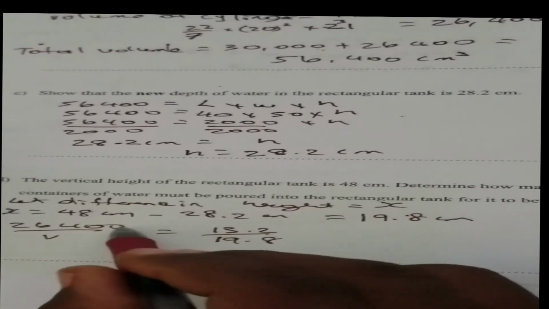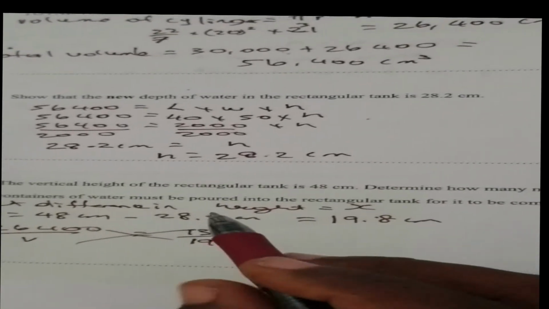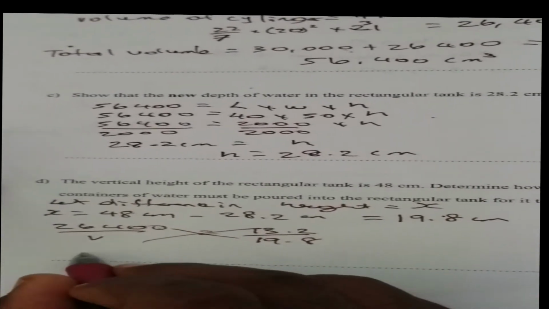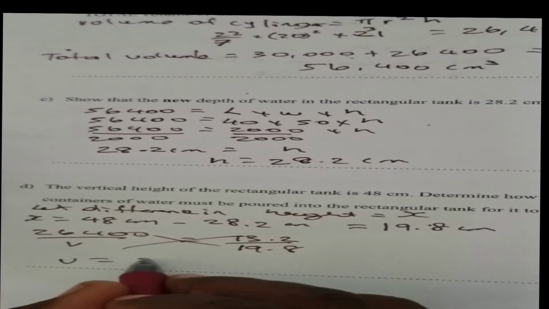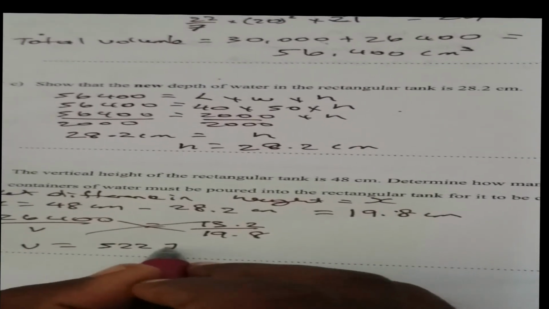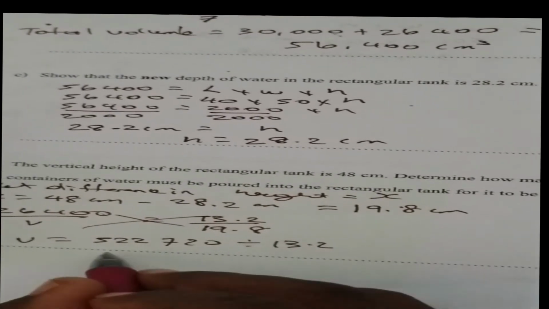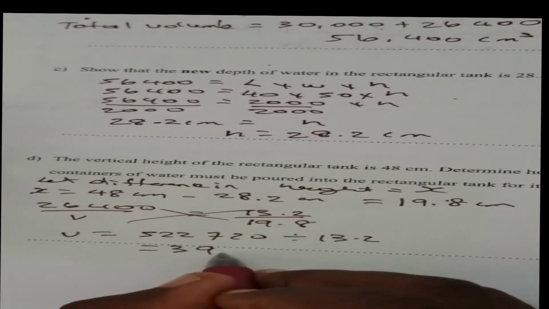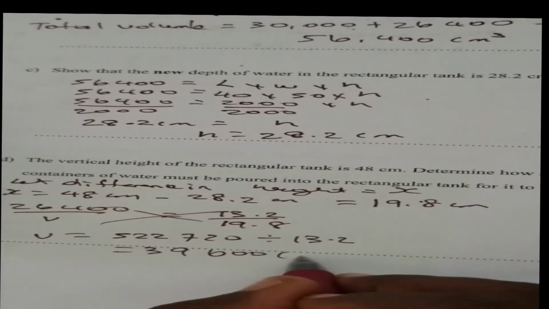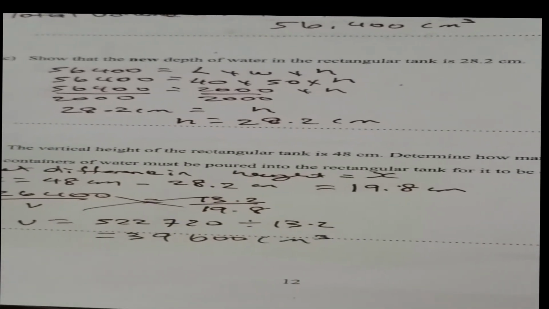And when we do the cross product, we know that our volume will be equal to 522,720 divided by 13.2. This is equal to 39,600 centimeters cubed. Right?